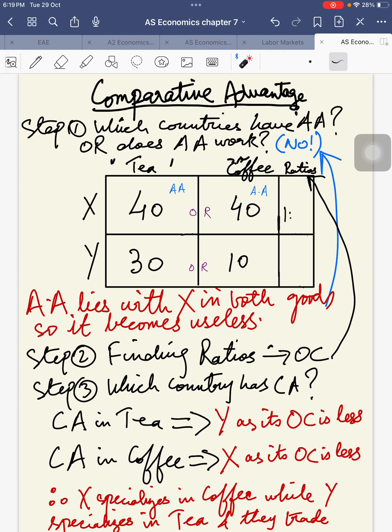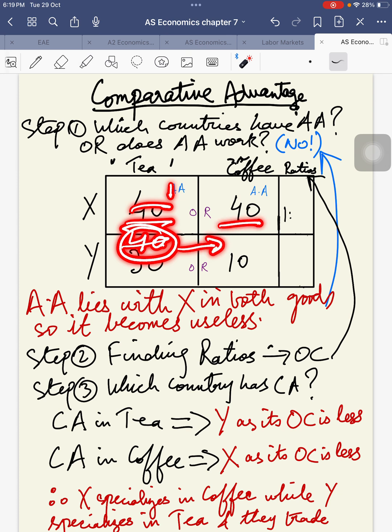So, when I'm converting the left side to 1, I'm dividing it with 40, right? This will be 1. And always remember, when I'm dividing one side of the ratio with a number, I have to divide the other side of the ratio with the same number.